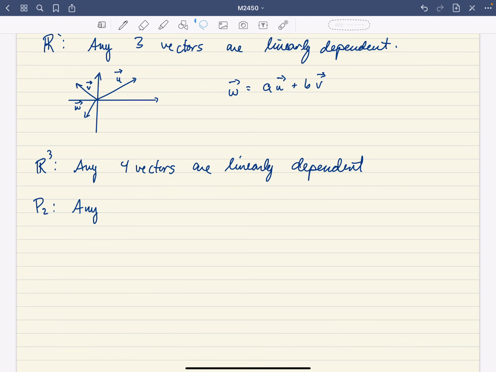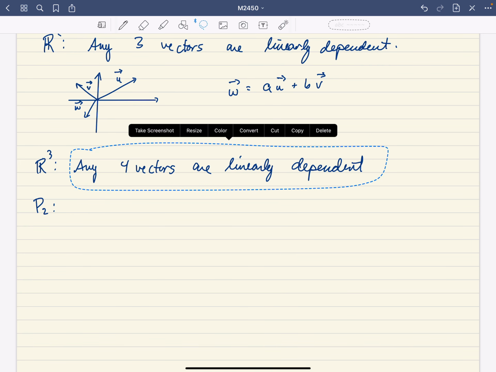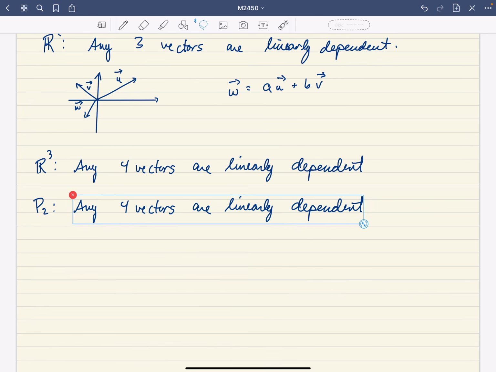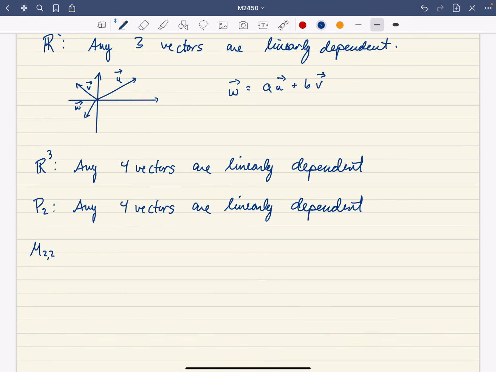In fact, this is the same statement as above, so let me just copy it while I say it. Any 4 vectors in P2 are going to be linearly dependent. Doesn't matter what they are. And then finally, M22. If I look at the set of 2 by 2 matrices, here the magic number is going to be 5. Any 5 vectors are linearly dependent.